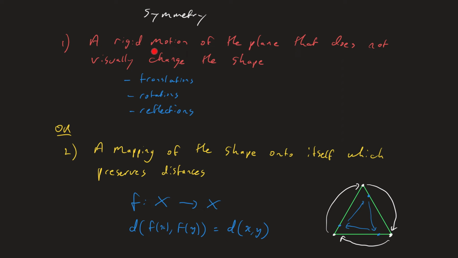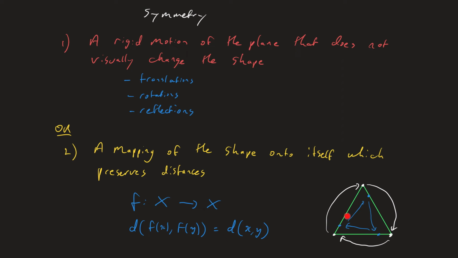So the first definition is in terms of transforming the whole plane in such a way that our shape gets mapped back onto itself. The second definition largely ignores the plane, although of course the plane is used to define distances. The second definition simply looks for a mapping of the shape onto itself.